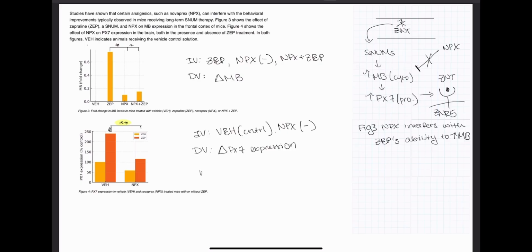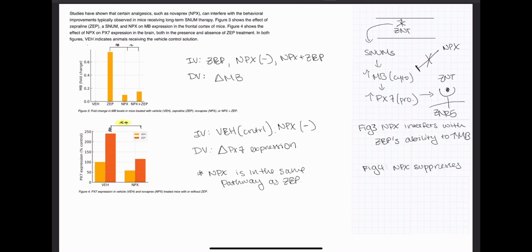So this is saying that NPX is in the same pathway as ZEP.